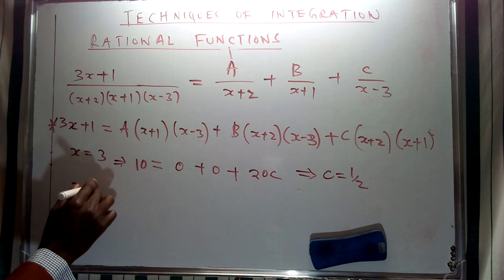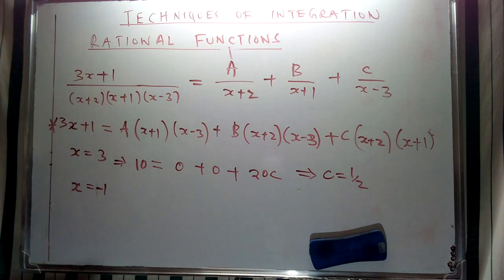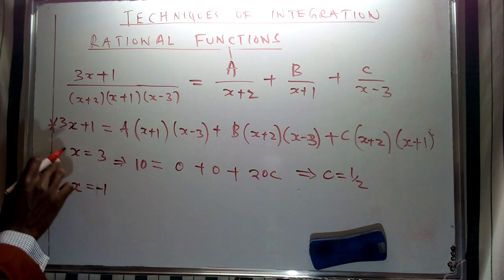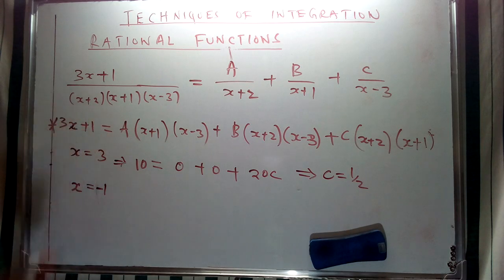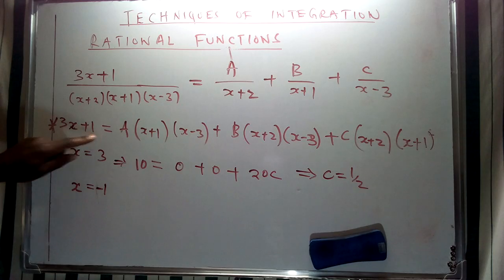We're going to consider negative 1, so that we can be able to eliminate for this second case. So we're going to have the expression given as 3 times negative 1, which is going to give us negative 3, plus 1, which is going to be negative 2.